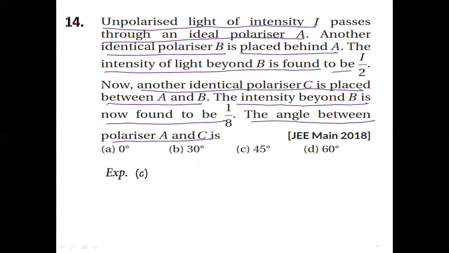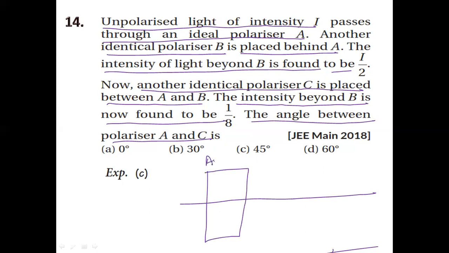Okay, fine. So, firstly, let us consider this is the axis. Here I am having a polarizer. Suppose this is A. Another identical polarizer is placed behind A. Suppose here we are having another polarizer B. The intensity of light beyond B is found to be 1 by 2.